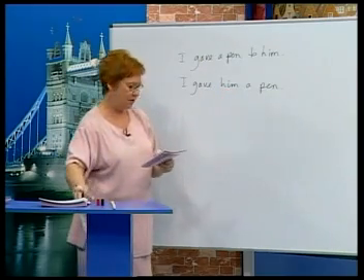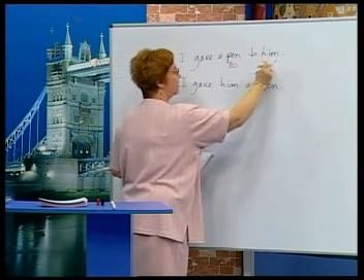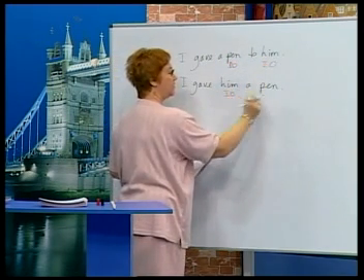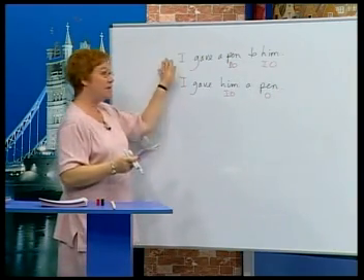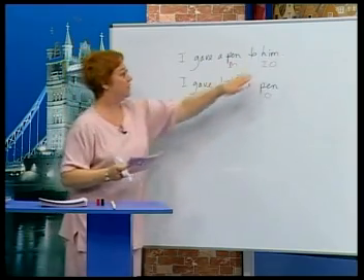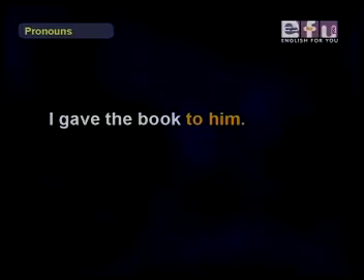Okay? So this is direct object and indirect object. This is the indirect object and the object. Okay? So they're the same. But when we move it, we take out to. Okay? I gave the book to him.